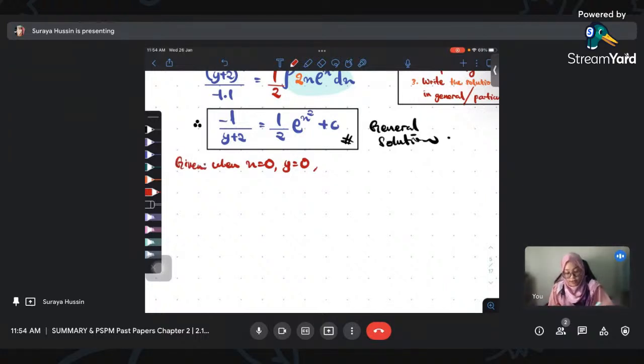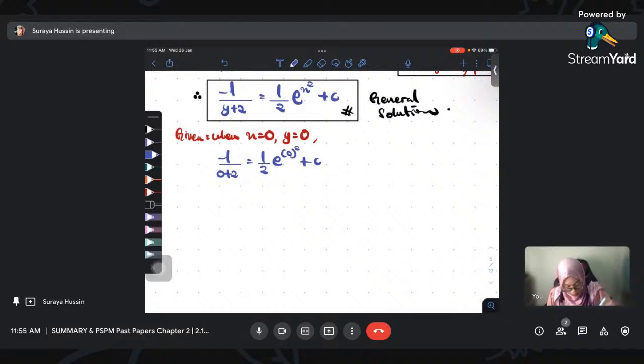So it's a given to you. You put when x is equal to 0, ikut soalan. When y equal to 0. And then all your job is just to put it in the 0 plus 2. So you nak cari the value of c lah kan? So this is negative 1/2.